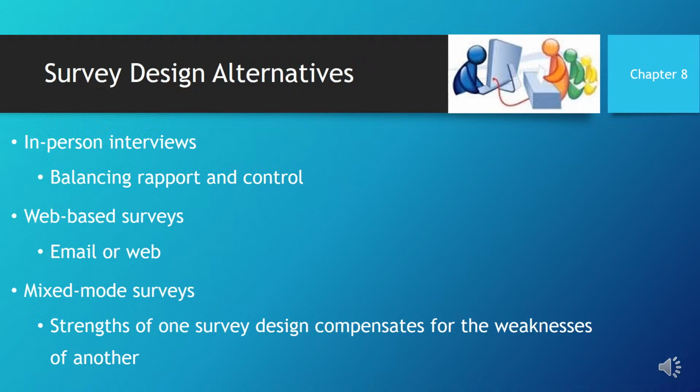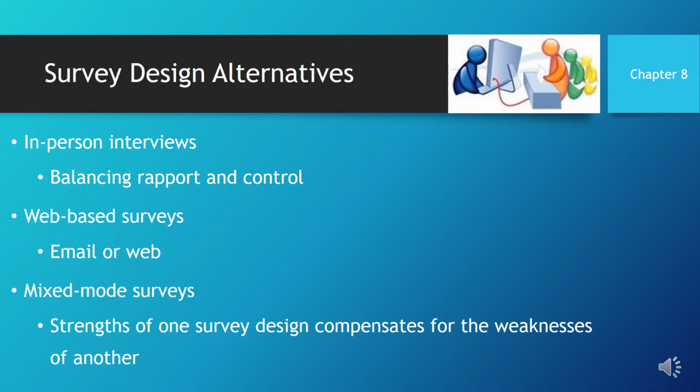In-person interviews, where interviewers must maintain an appropriate balance between personalization and standardization. Web-based surveys can either be email-based and sent as emails to respondents' email addresses, or web-based and stored on a server that is controlled by the researcher.